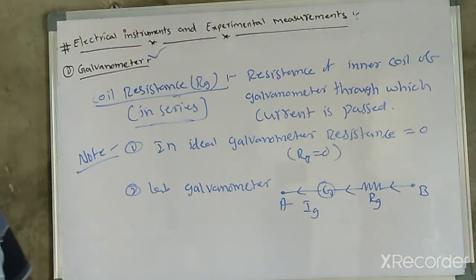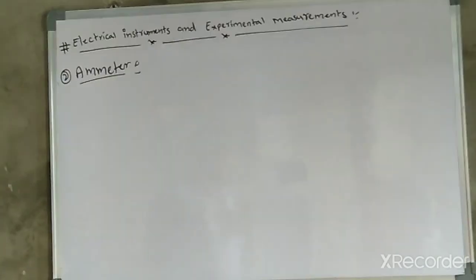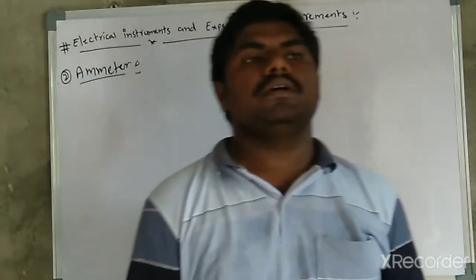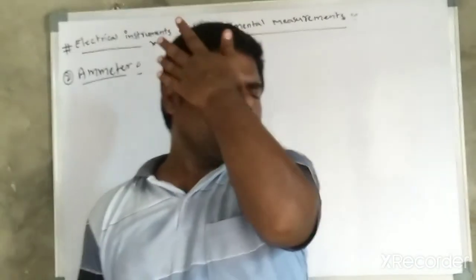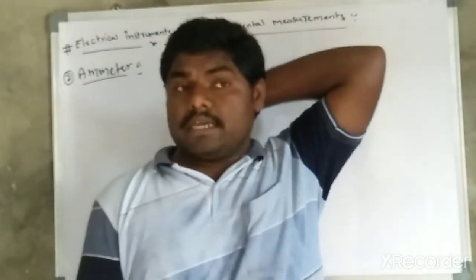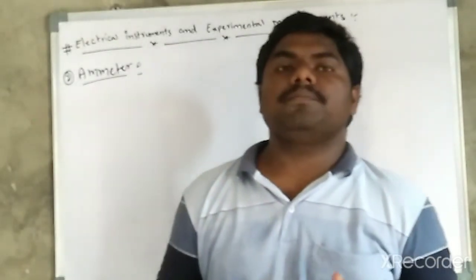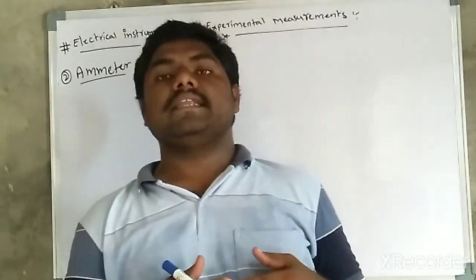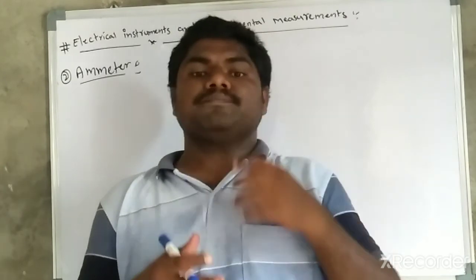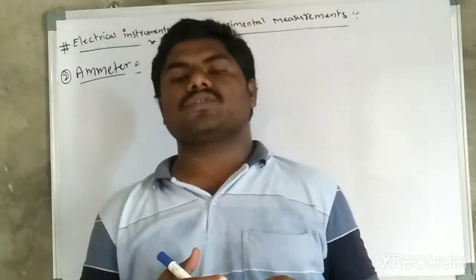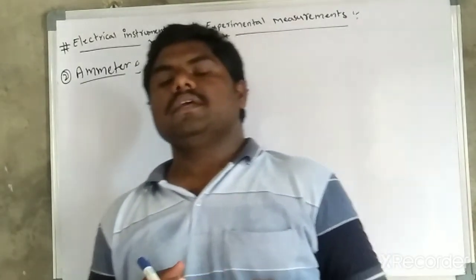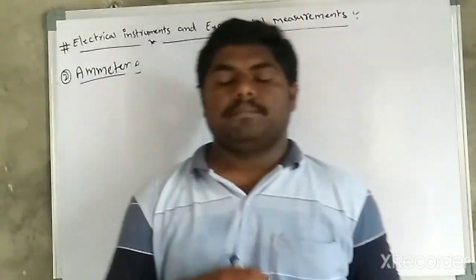Next we are going to discuss the ammeter. An ammeter is used to measure current in an electrical circuit, and for measurement it is connected in series in that branch of the circuit through which current is to be measured.